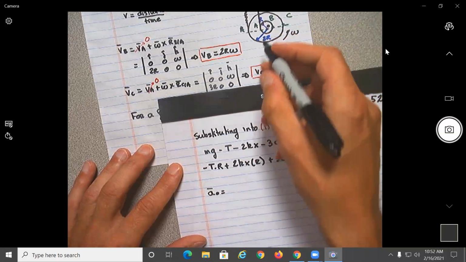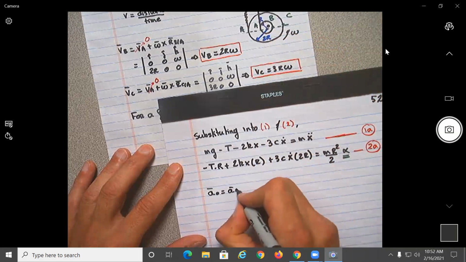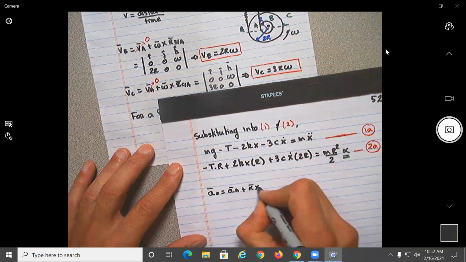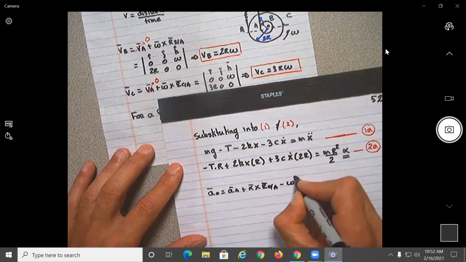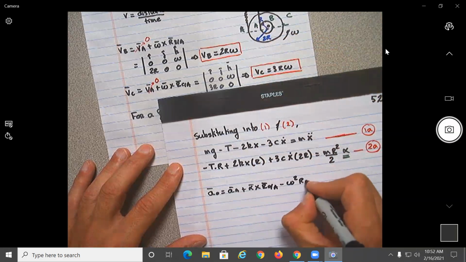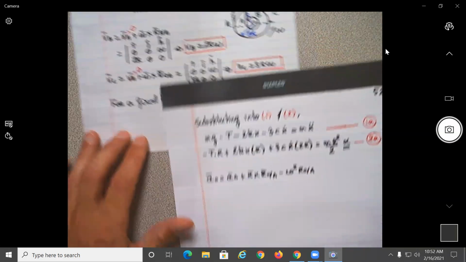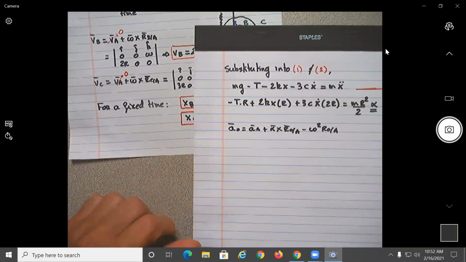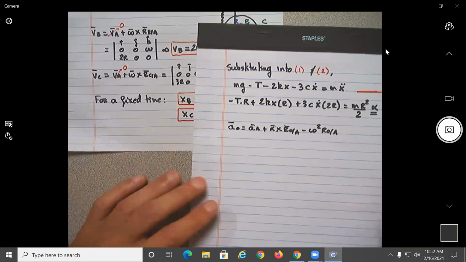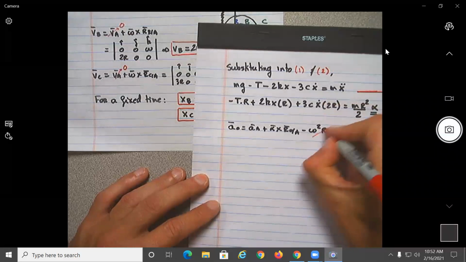From point A, it would be equal to the acceleration of A plus alpha cross R of O with respect to A minus omega squared R of O with respect to A. All right, we're going to do detail. I want to finish this.